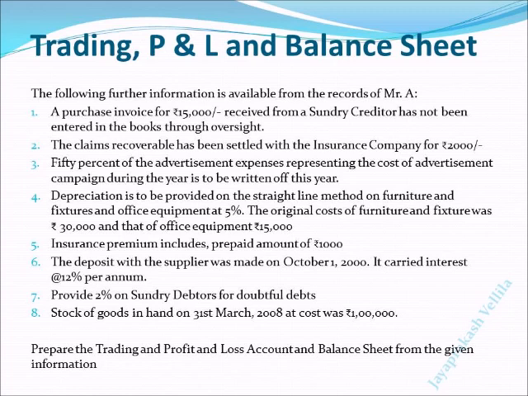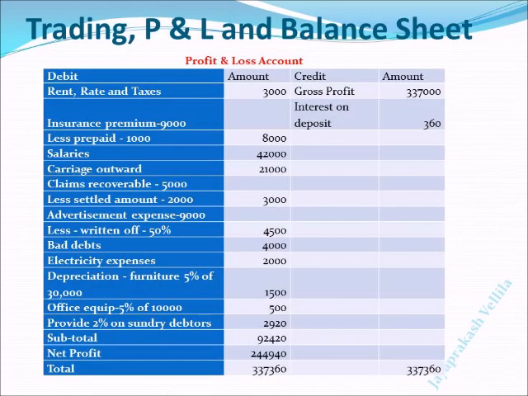Deducting the settled amount, the other is a loss to the firm, or it is an expense. Actually, the firm has to get 5,000, but it has lost 3,000. So that 3,000 should be shown as an expenditure for the firm. Therefore, after deducting the settled amount, we get 3,000 on the expenditure side.